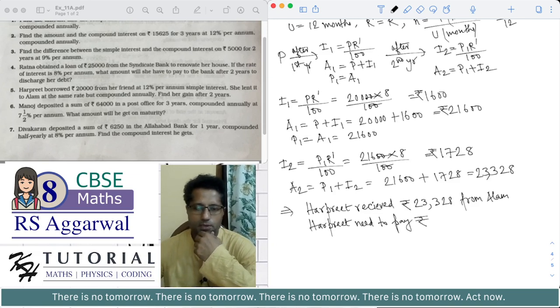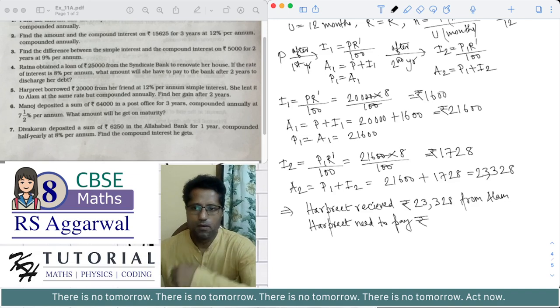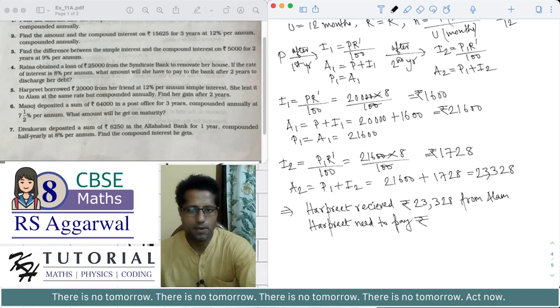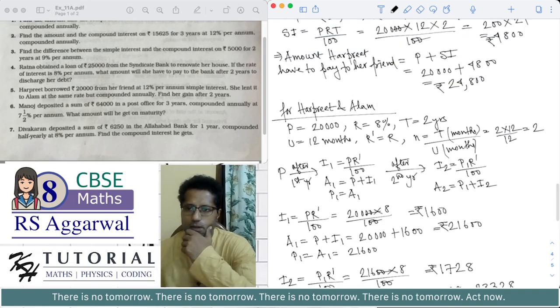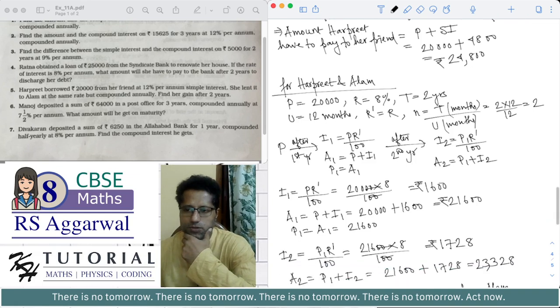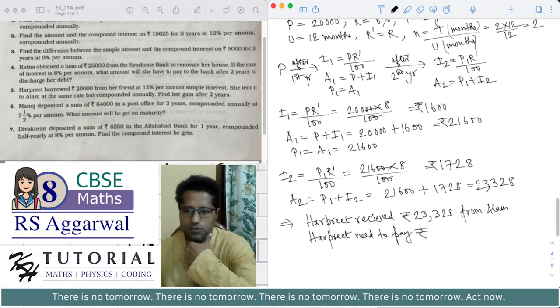Now, Harpreet needs to pay 24,800, which is more than what Harpreet is receiving from Alam. So, in that case, how can Harpreet have some gain?